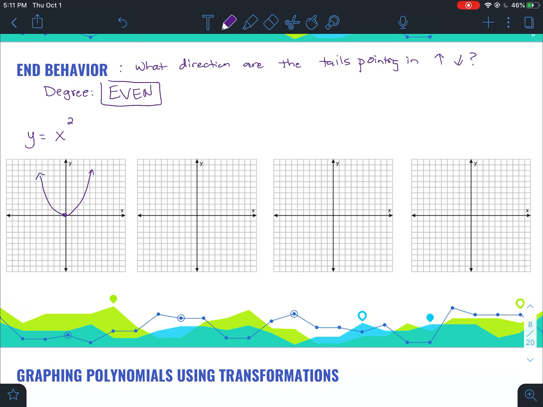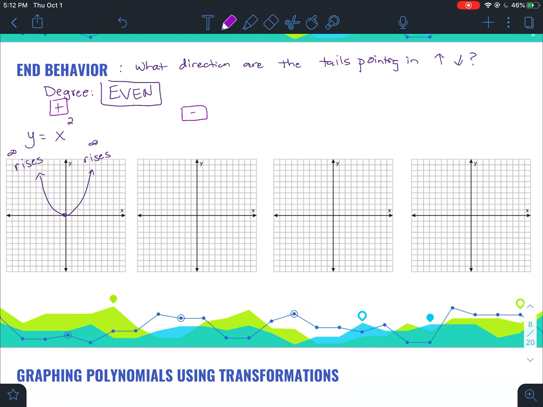The tails are rising and rising. So we say the end behavior is rises and rises, or you can say up and up, or it's going to infinity and infinity. Those are different ways of talking about the end behavior. So if it's an even degree and the leading coefficient is positive, the end behavior is up, up, rises, rises, or goes to infinity and infinity.